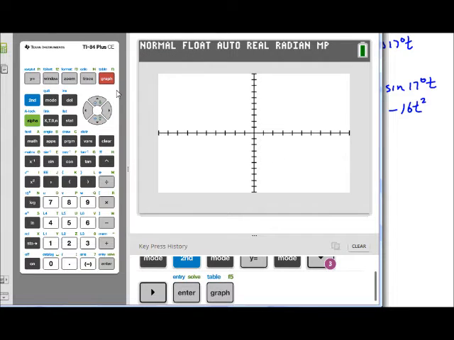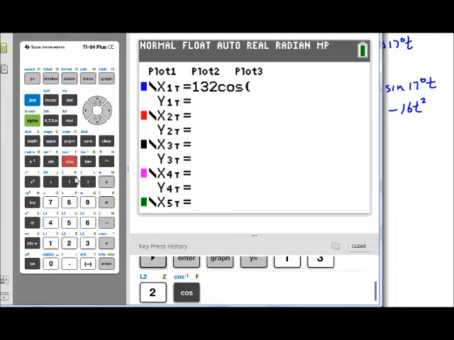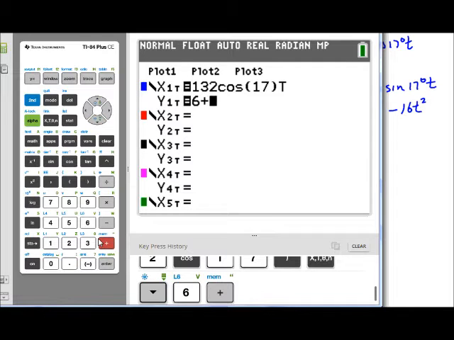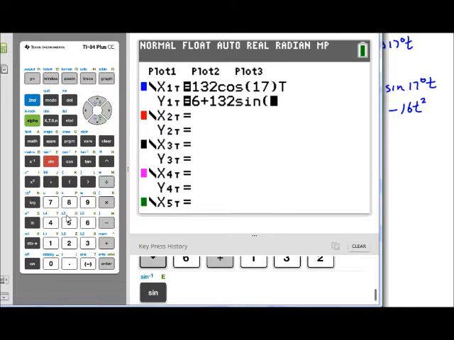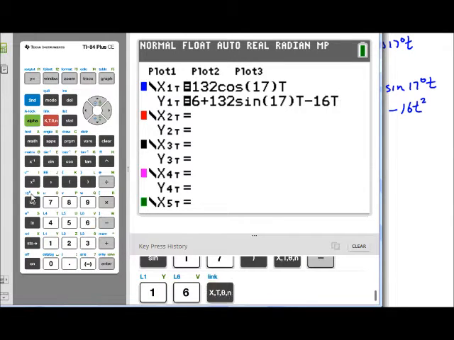And now we can go to graph, and we don't see anything. Of course, we got to go in here, and we put 132 cosine 17 and t, and we have y equals 6 plus 132 sine 17 degrees t minus 16 t squared.